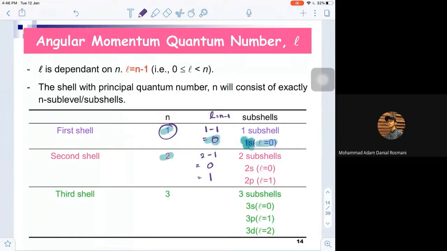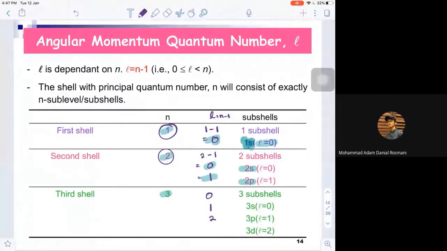But in the second level, when n is equal to 2, we have 2 L values, which are 0 and 1. So the name of the orbital will be 2s for L0, and 2p for L1, the P orbital.